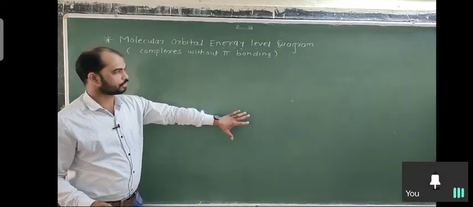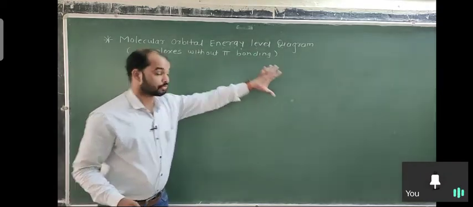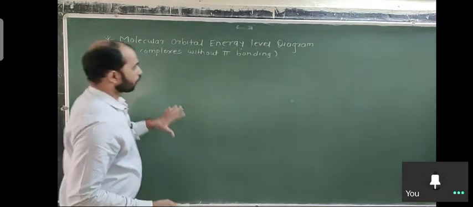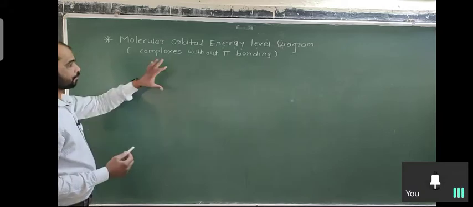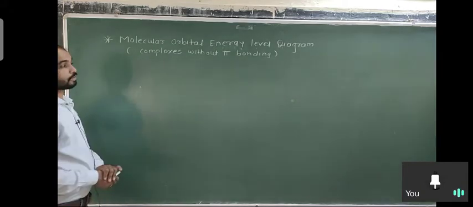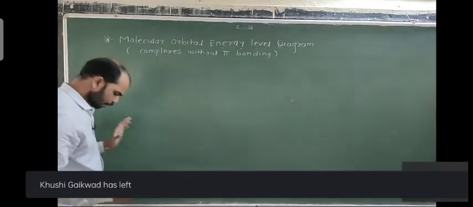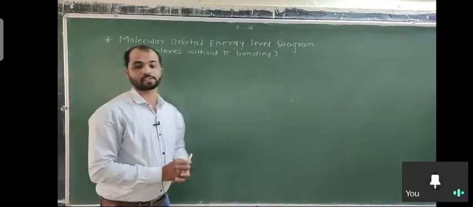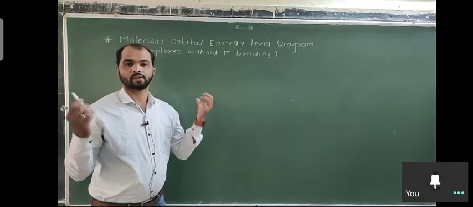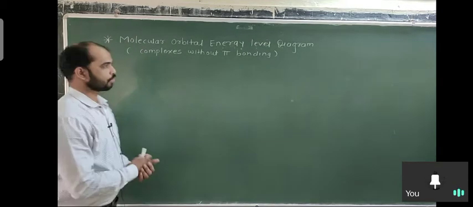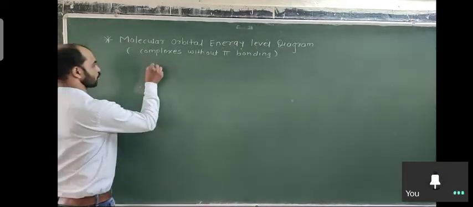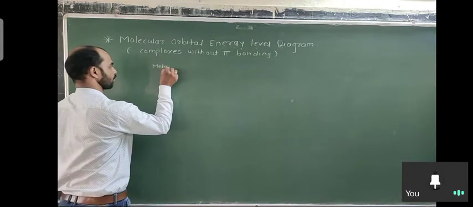We are going to first draw how the molecular orbital energy level diagram is drawn for complexes without pi bonding. First of all, we discuss which orbitals are combined together and which molecular orbitals form. So here is the metal, here is the ligand.